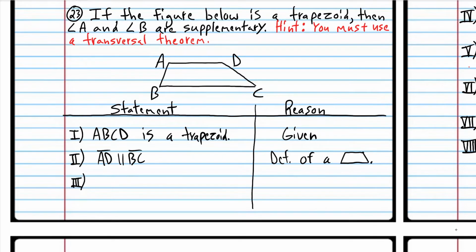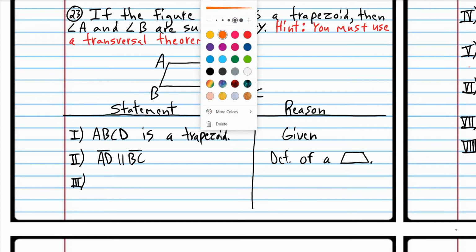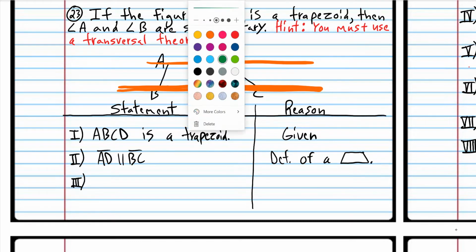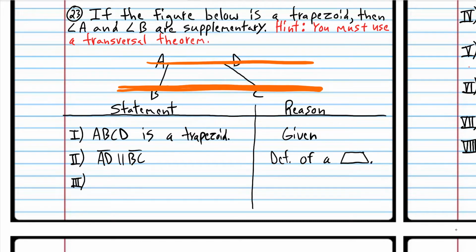And so, very important to understand what we've done. We've shown that this line here is parallel to this line. So what that means is that if you have a transversal going through them, you can use all of your transversal theorems. We have corresponding angles are congruent, corresponding angles postulate, that is.